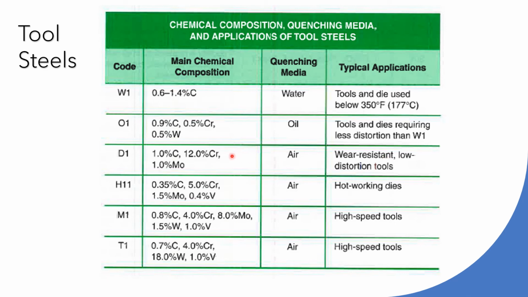In the last slide, the same thing. Here is for our tool steel, which is better than our PCS. When you look at it, the compositions are different, and we have a different code as well. And this is how we heat treat. Quenching media is what we use: water, oil and air. And for application, we're going to use these things.